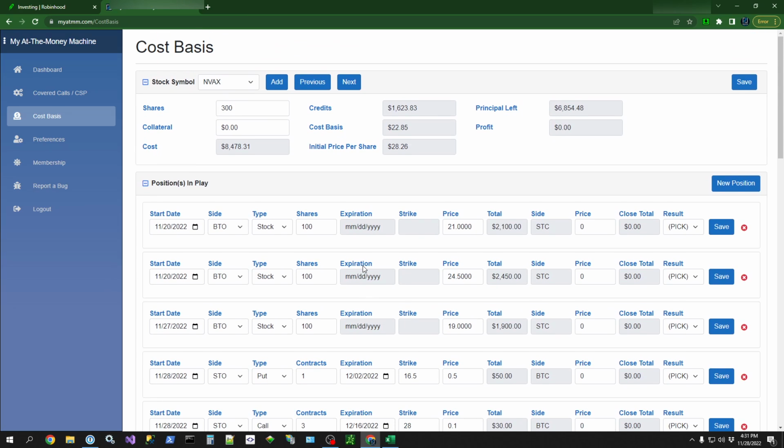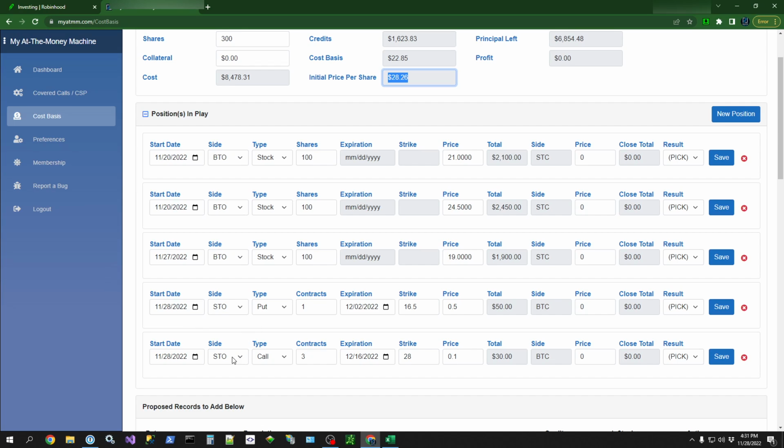I do want to review this one and just look at it. Our cost basis without premium has been brought down to $28, and we are selling a call at $28. That is slightly less than that, but I kind of took the half and half, given that our cost basis with premium is so low.